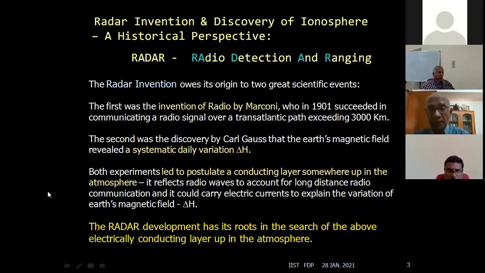The first one is that long distance communication of the radio signal is possible only when there is a reflector in the atmosphere. A reflector means a conducting region. So it suggests there is a conducting layer up in the atmosphere which reflects the radio waves to explain the long distance communication of the radio signal, which Marconi had done.